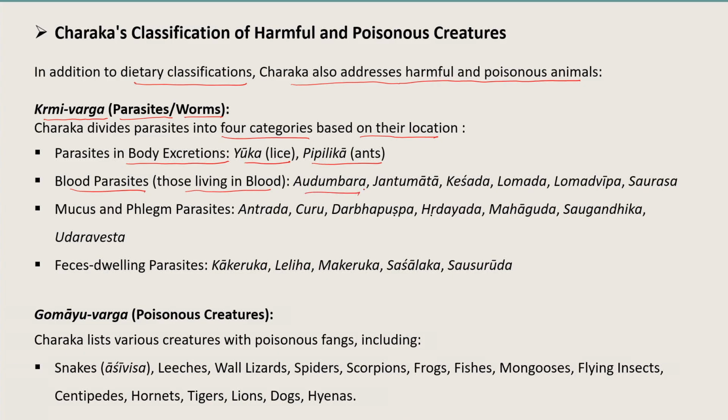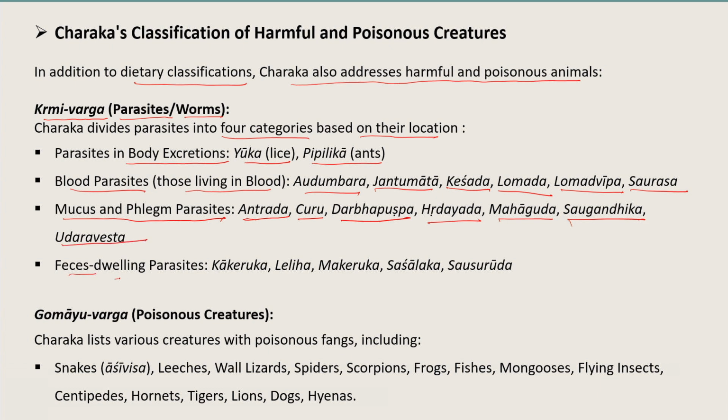Audumber, Jantu Mata, Kesada, Lomda, Lomdweep and Sorsa. Next is mucus and phlegm parasites, and that is Antarada, Kuru, Darbha Pushpa, Hridayada, Mahaguda, Sogandhika and Udarvesta.